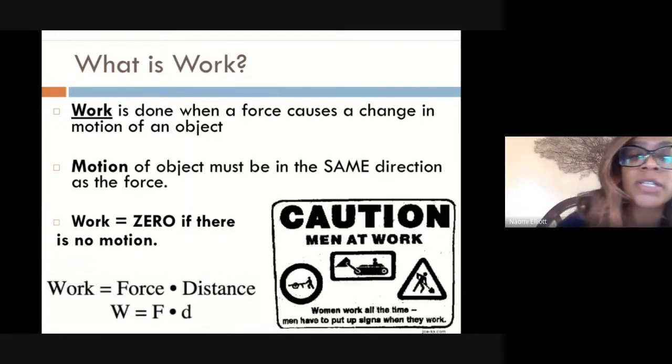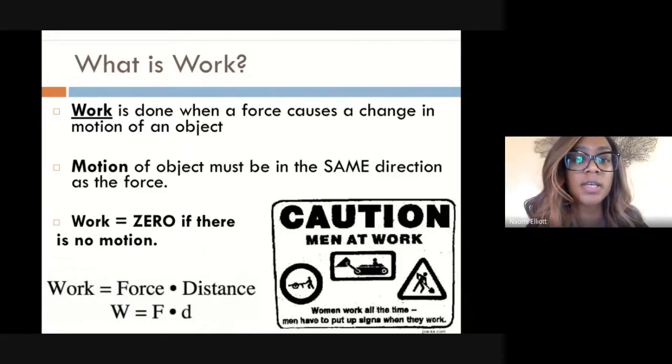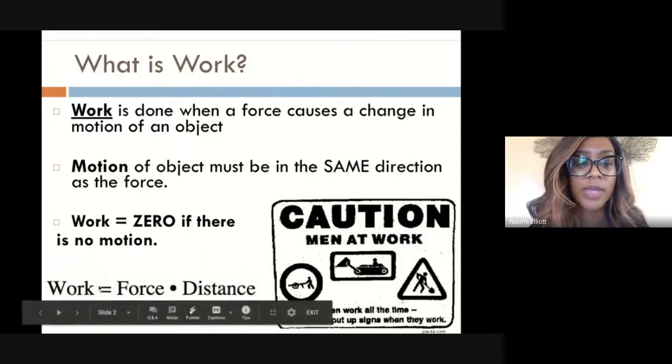So work is done when there's a force that causes a change in that motion. Work is 0 if there is no motion. So if something is at rest, there is no work. And you see here that we have an equation where work equals force times distance.